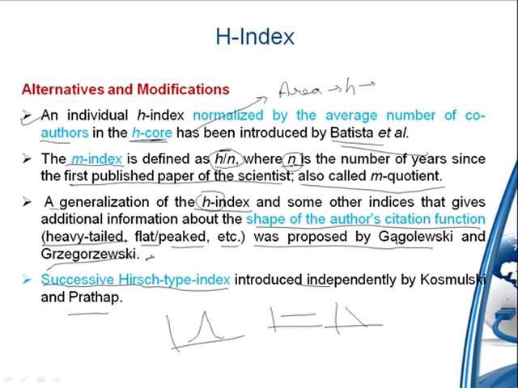A scientific institution has a successive Hirsch-type index of I if at least I researchers from that institution each have an H index of at least I. So we can use such successive information in modification of the traditional H index, because it represents the research environment of the institution.